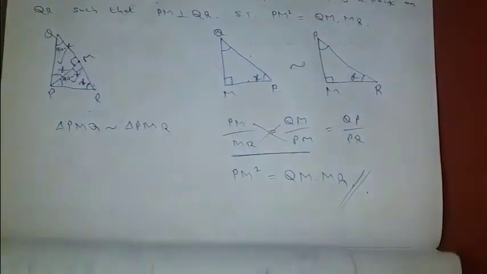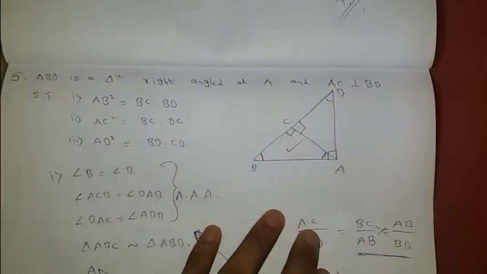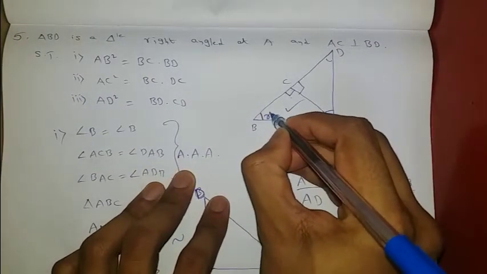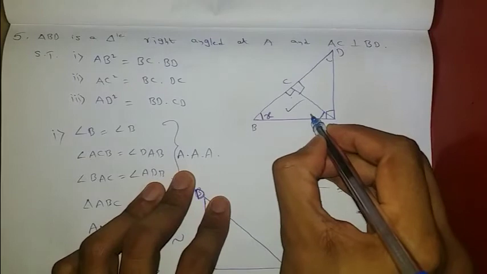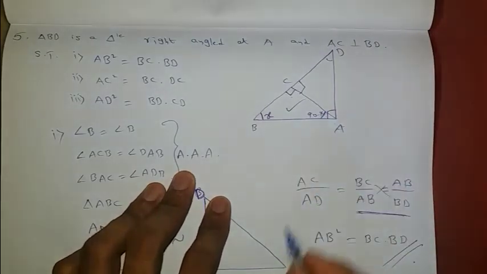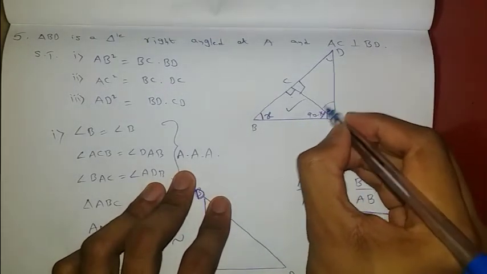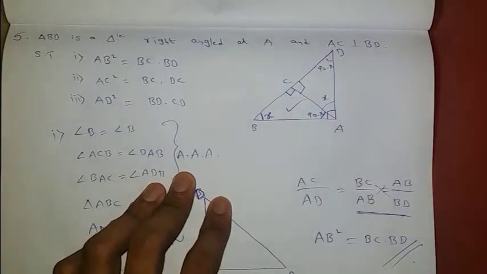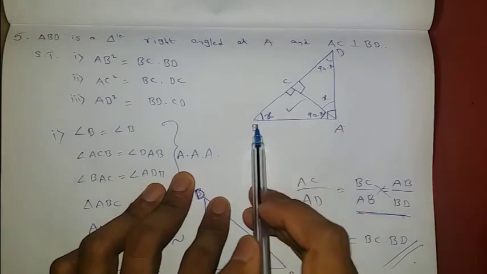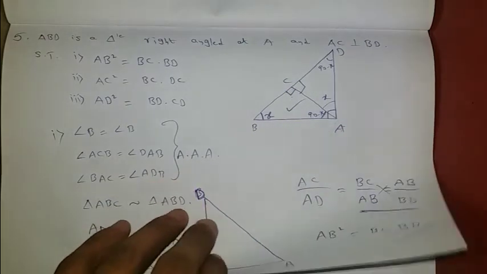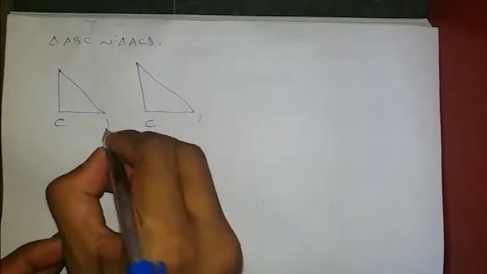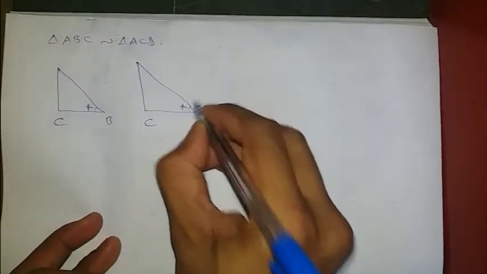Next, if I take this B as X, this will become 90 minus X. If this is 90 minus X, this will become X, and this will become 90 minus X. Now CBA is X. So one angle is B, which is X. Then here also that X angle should be there.